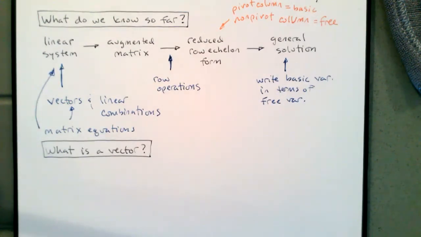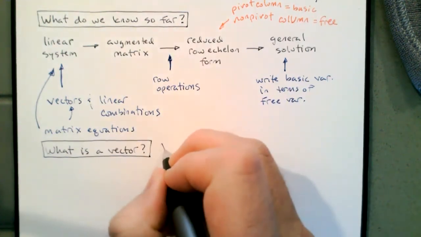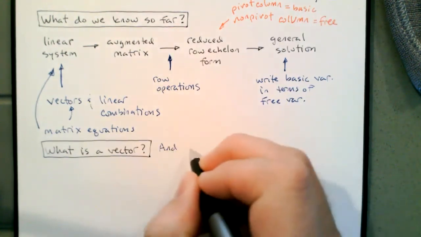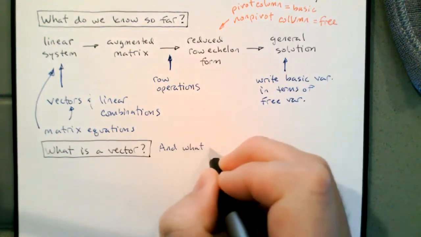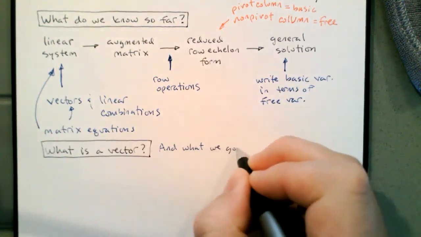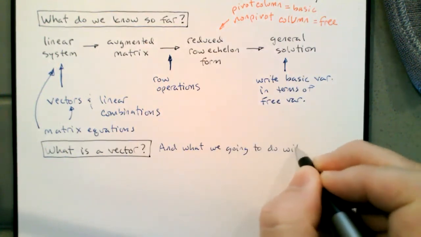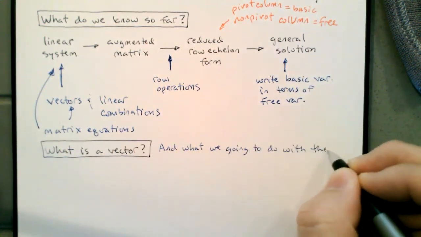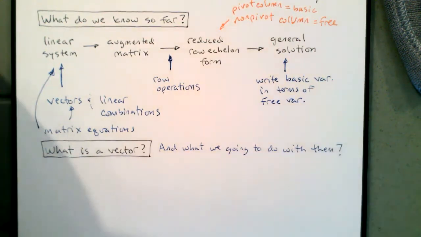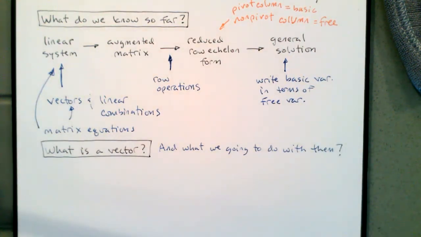That's what we want to talk about today. What is a vector and what are we going to do with them? That's the important part. For our purposes, this being a math class, a vector is just going to be a column of numbers.